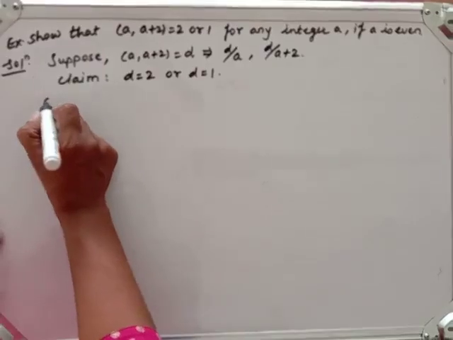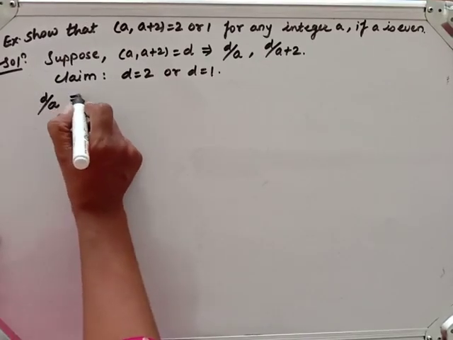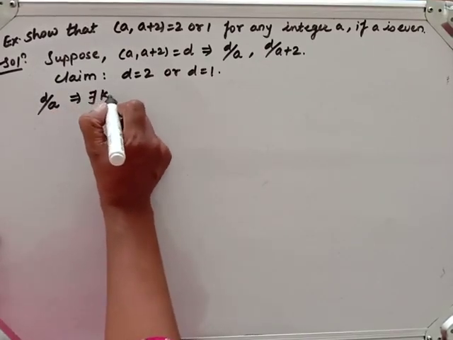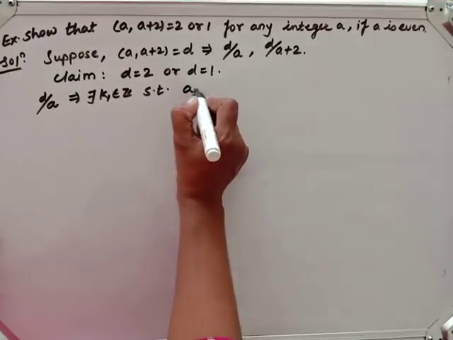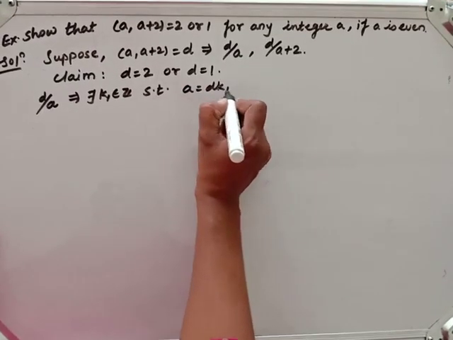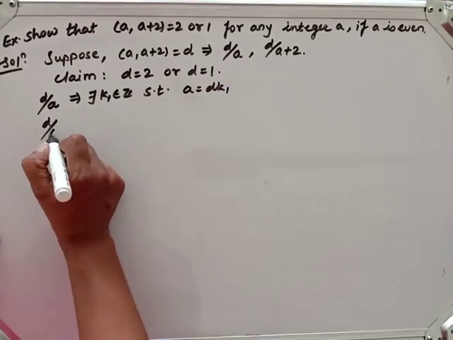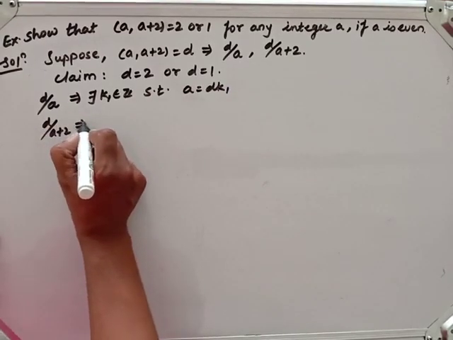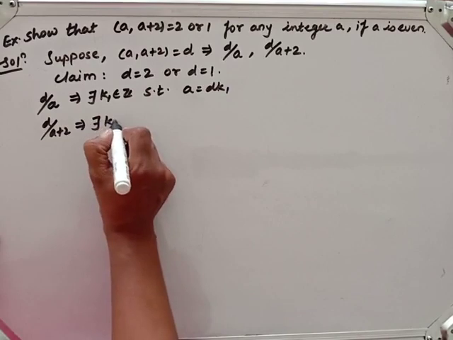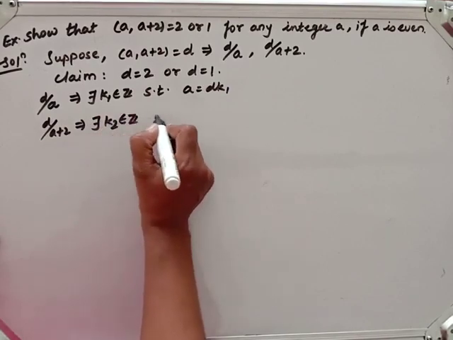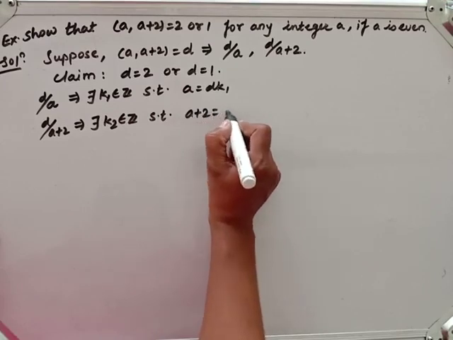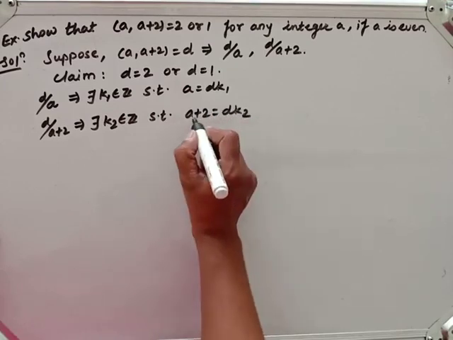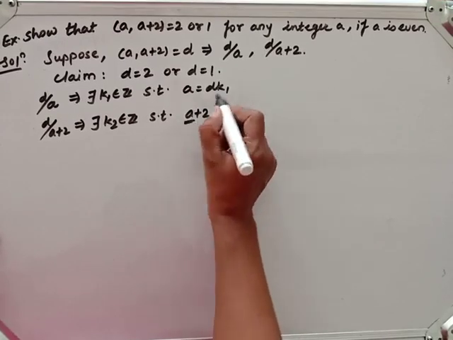Now, here d divides a, so there exists some integer such that a is equal to dk1, and d divides a plus 2. So, there also exists an integer such that a plus 2 is equal to dk2.